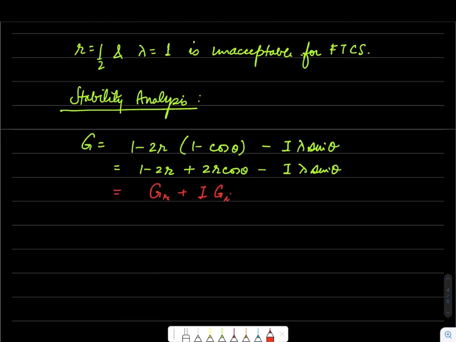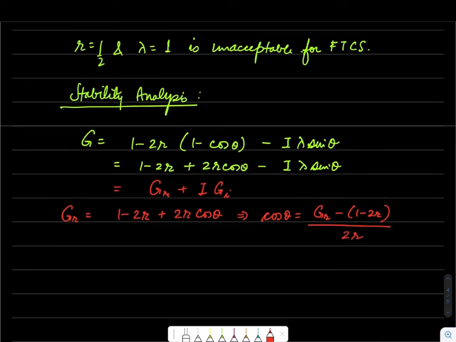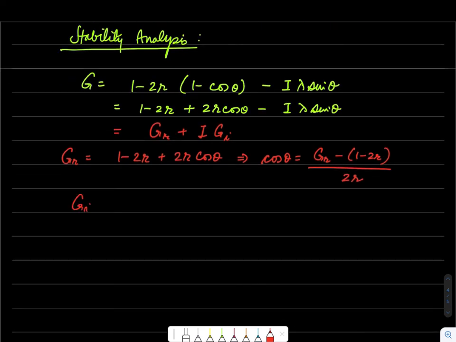And by comparing the two sides, I can see that g real is 1 minus 2r plus 2r cosine theta, which I can rearrange to write cosine theta as (gr minus (1 minus 2r)) by 2r, and similarly g imaginary will be minus lambda sine theta, which means sine theta is minus gi by lambda.